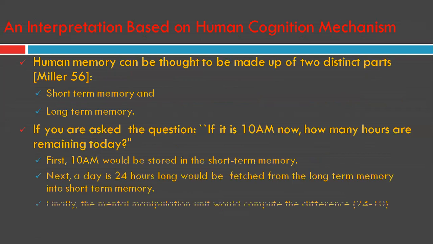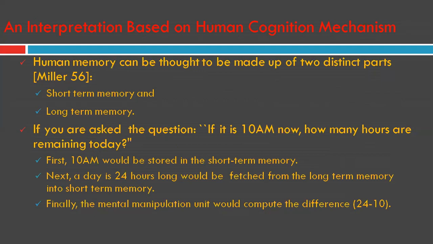Now the interpretation based on human cognitive mechanisms. Here, human memory can be thought of as made up of two distinct parts: one is short-term memory and the other is long-term memory. Suppose you are asked, if it is 10 a.m. now, how many hours are remaining today?